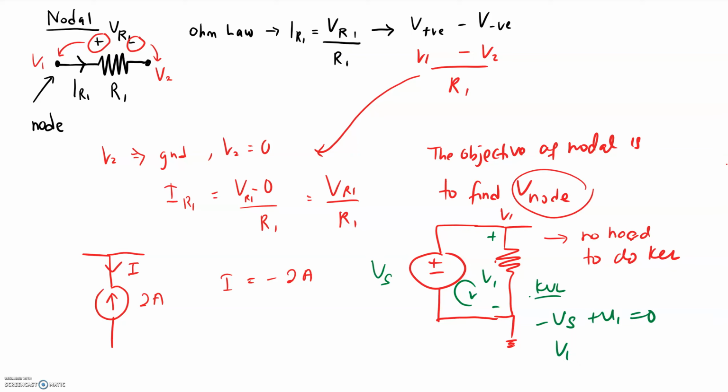So then you already know the value of V naught, which is Vs. So no need to do the KCL at this node. Okay, you already get the value of the voltage.